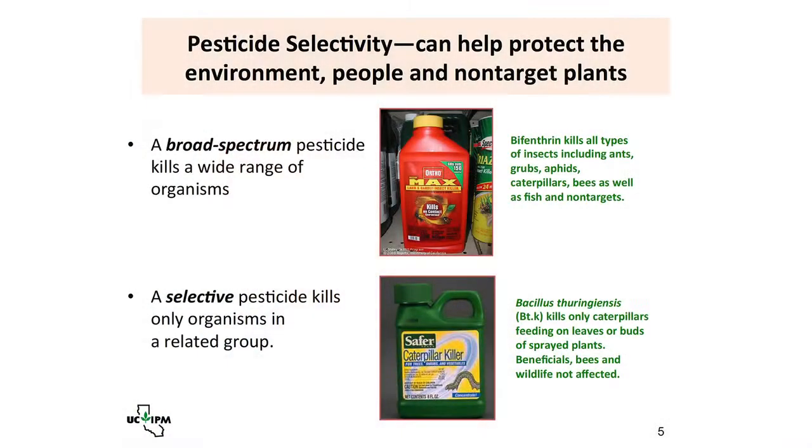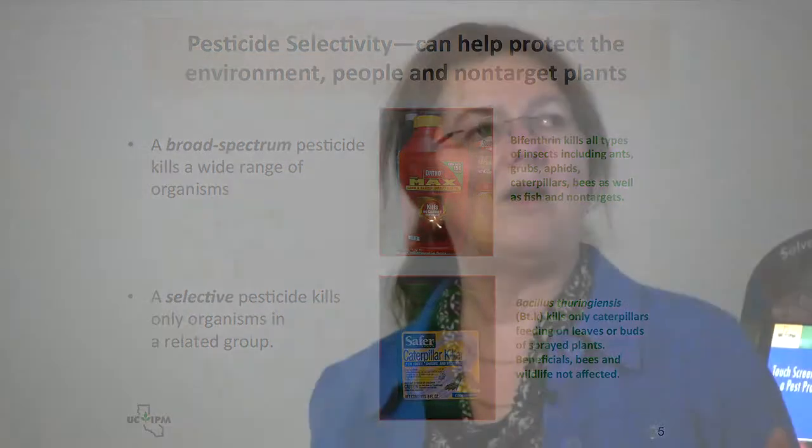One of the critical things with pesticides is to understand the selectivity. That means, what does it kill? How broad is the range of organisms it kills, or is it narrow? So we'll have a broad spectrum pesticide. For instance, this is bifenthrin, which is a type of pyrethroid, and it kills a whole lot of variety of insects.